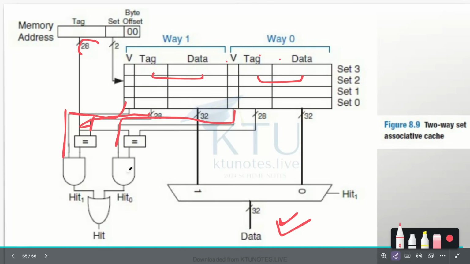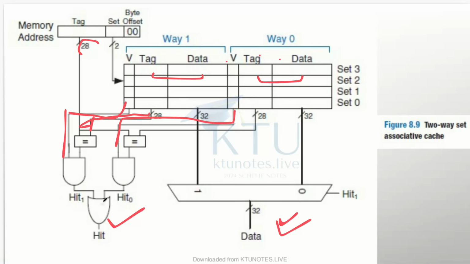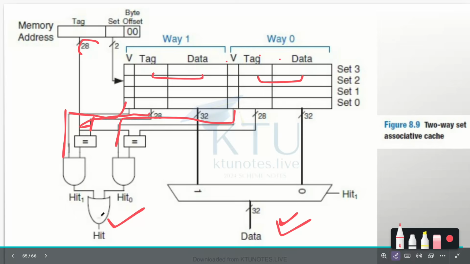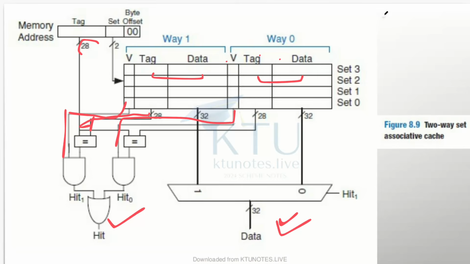Any one of them is needed; if any one gives a hit, that is enough. We don't need to check if both give a hit, so we use an OR gate here. Understood? This is the diagram you have to learn for two-way set associative.